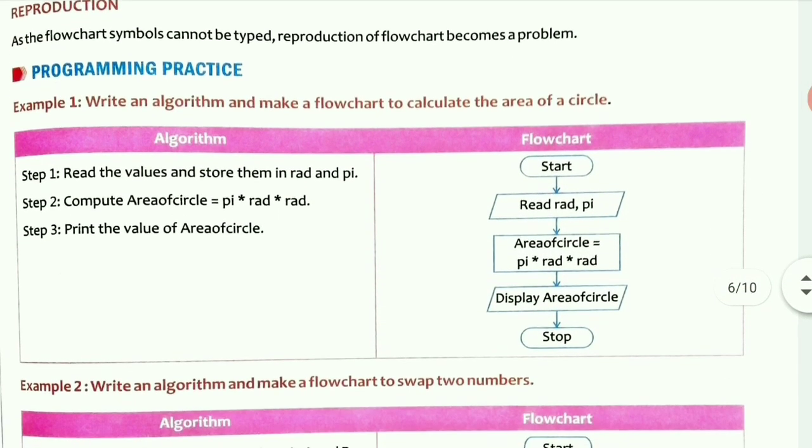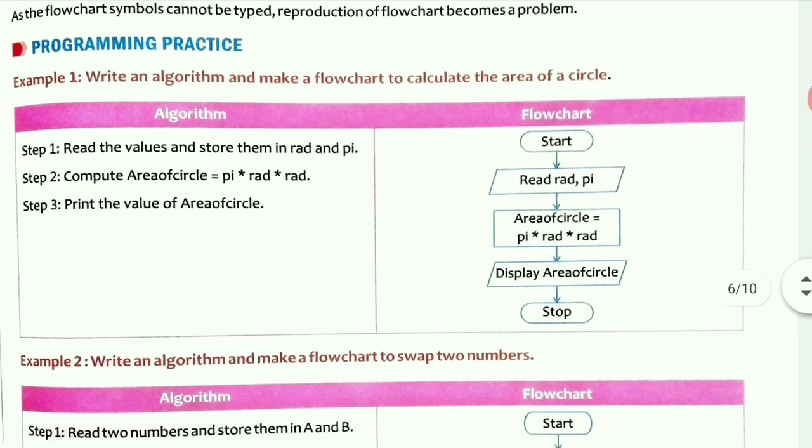So this is all, and now let us see the examples given here. It is under the heading programming practice. The first example is: write an algo and make a flowchart to calculate the area of a circle.